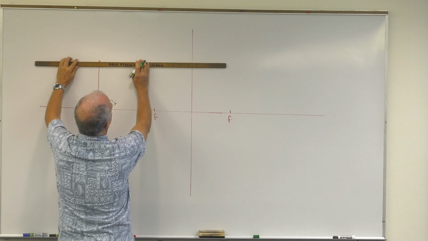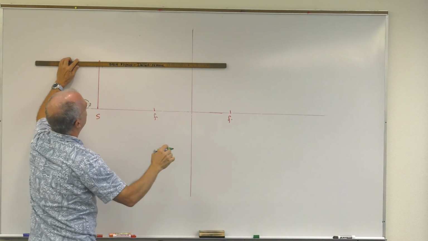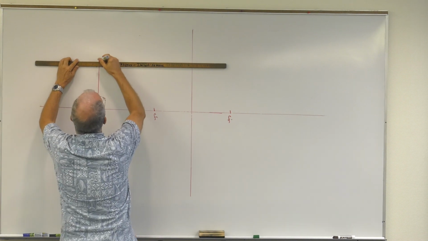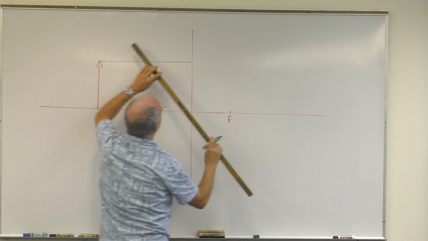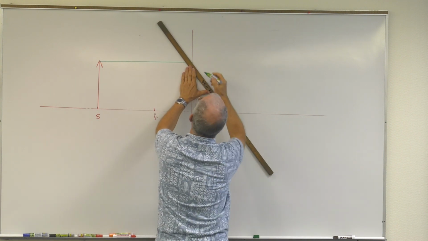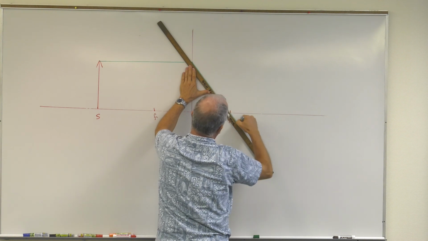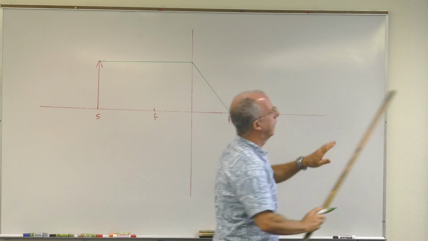Now again, I don't have a graph paper, so I don't know if this is going to be perfectly parallel, but I'll do my best. So parallel in, and then focal out. Whatever. All right, so that's this guy.